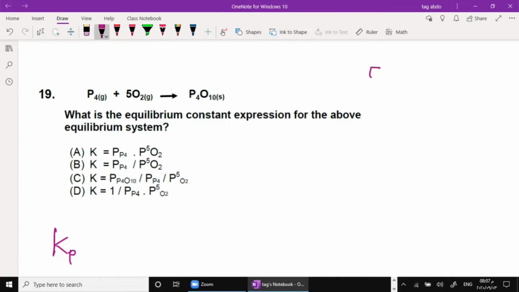If the expression is in concentration, this is Kc or Keq. If the expression is in partial pressures, big P meaning partial pressure, this is Kp.